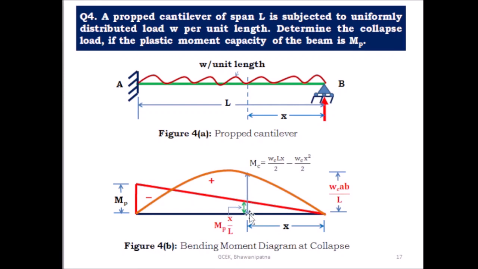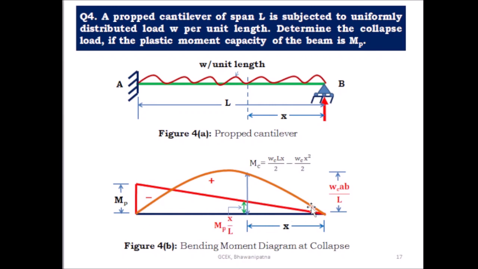So here the negative bending moment is equal to Mp into x by L, because we know at the fixed end the plastic moment is Mp and this length is L. Here we have to find out the plastic moment. This moment we can find out by considering the two similar triangles.